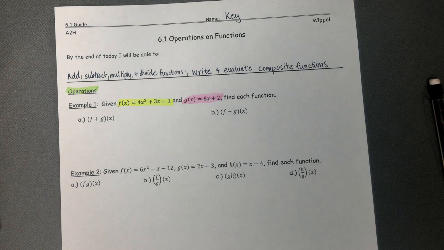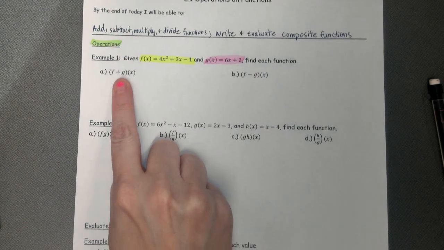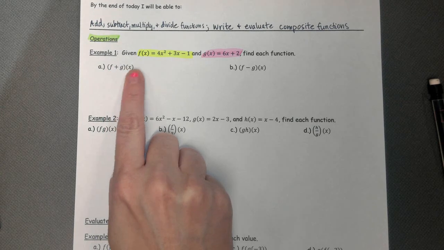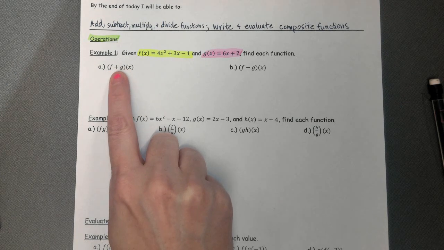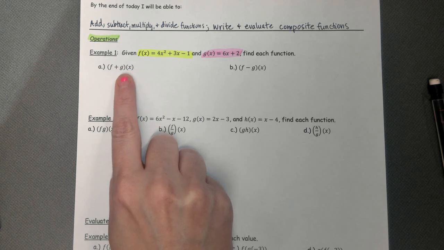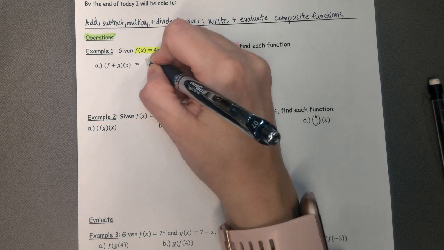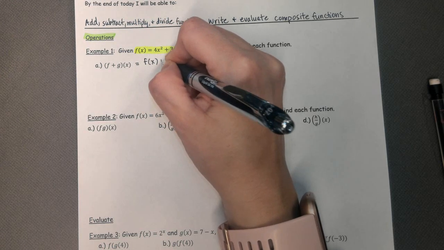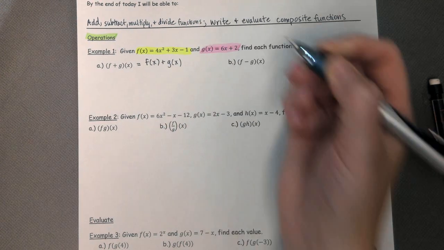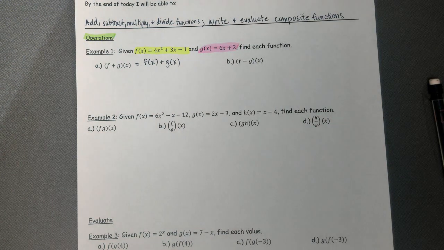Okay, you have to find each function. The thing that's going to be new is this notation. The way that you say this is f plus g of x. This is an of, f plus g of x. So what this means is you're going to do f of x plus g of x. We're just going to add those two together.